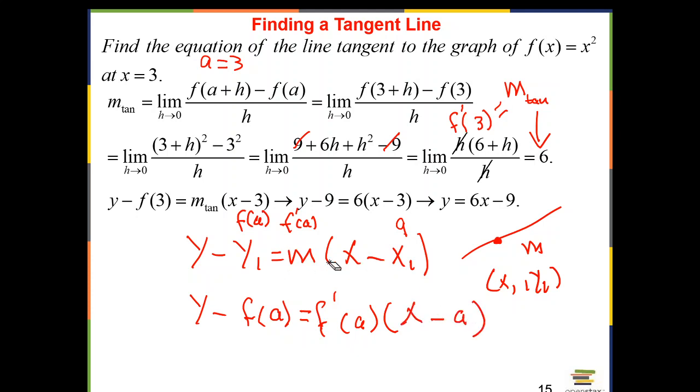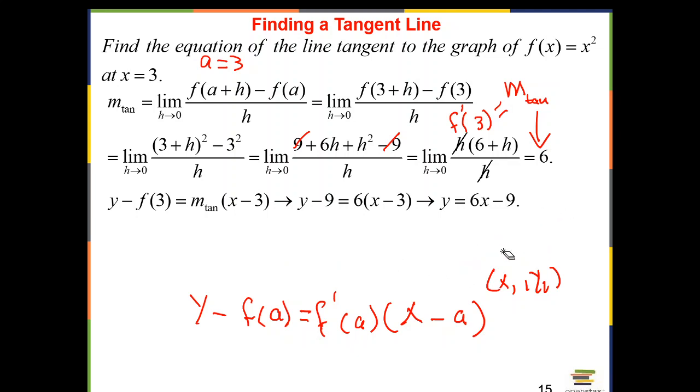So instead of using this, we're going to use this idea here, because that's more calculus-like. Now, to write the equation of this line tangent to this graph at this point, we write y minus f of 3 equals f prime at a, which is the slope of the tangent, times x minus 3. In this case, what is f at 3?